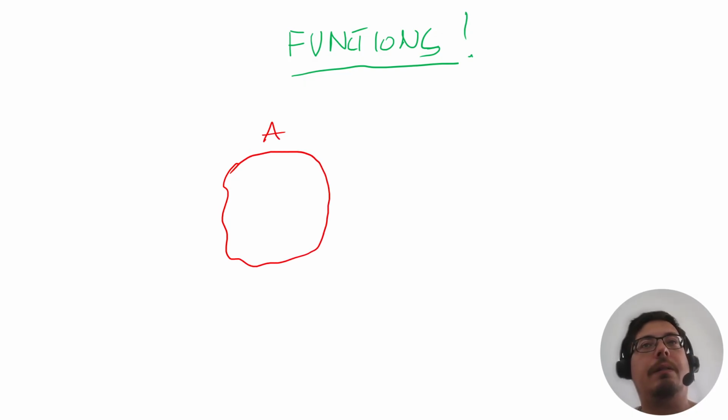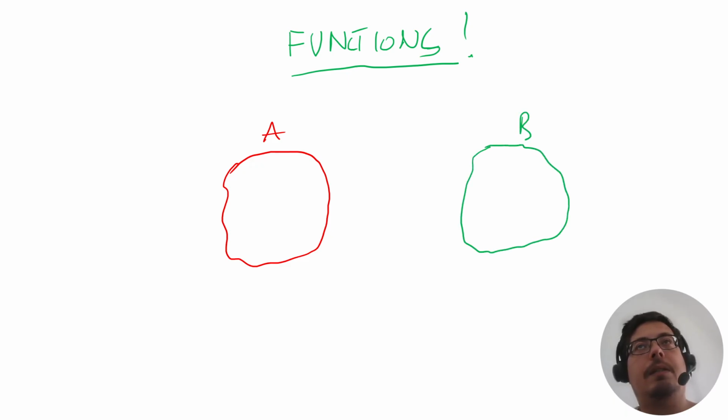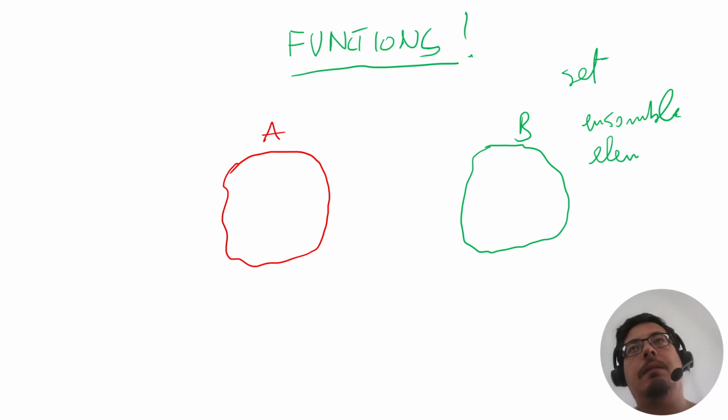So let's start with something very easy. We have two sets. A set is an ensemble, a set of elements of the same kind.